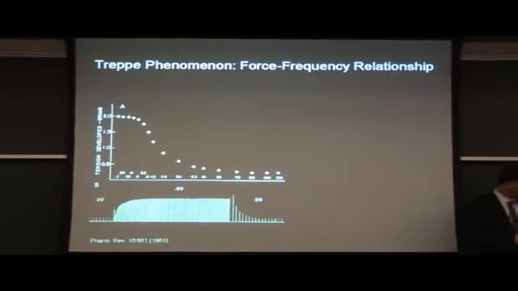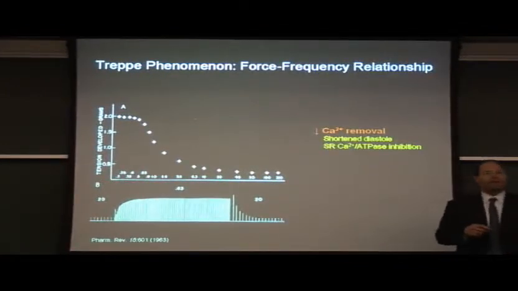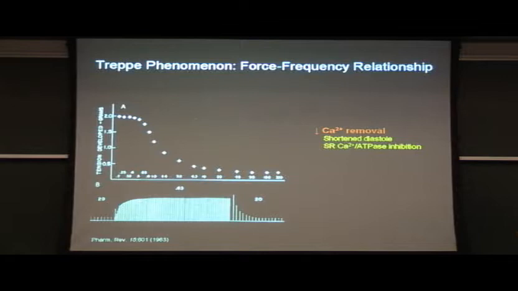So at the cellular level, there are several things that contribute to this. One is that there's decreased calcium removal during a shortened diastole, and part of that is because of regulation of calcium uptake by phospholamban and SERCA.